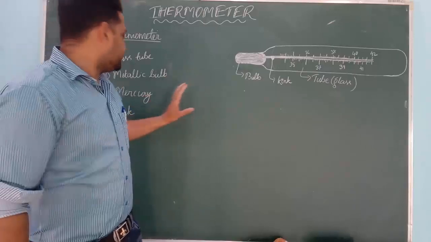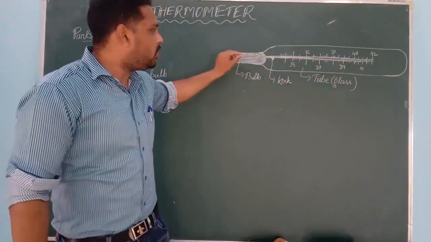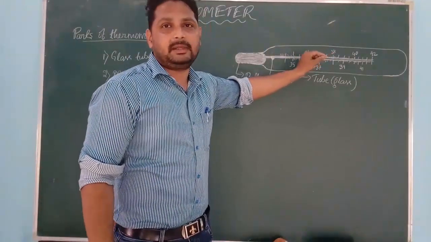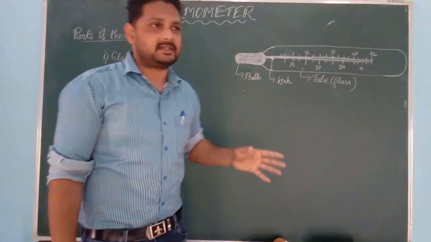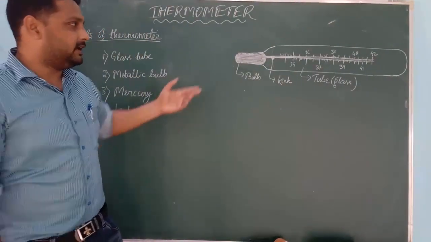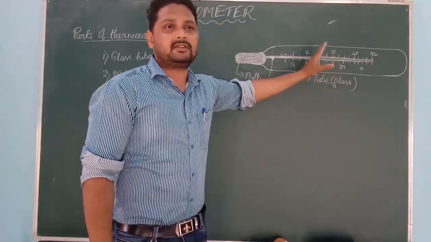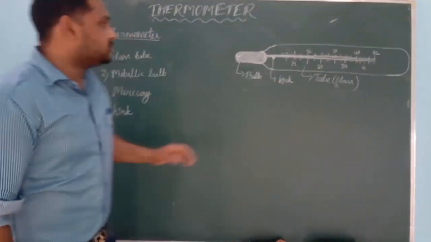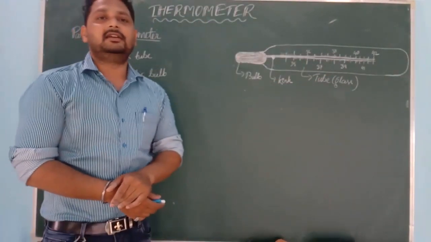Inside the glass tube, a small canal-type structure lets the mercury pass through it. The mercury is a very shiny liquid, and it moves through this canal and shows the reading. These are the different parts of the clinical thermometer.